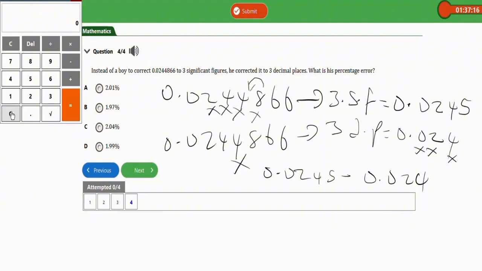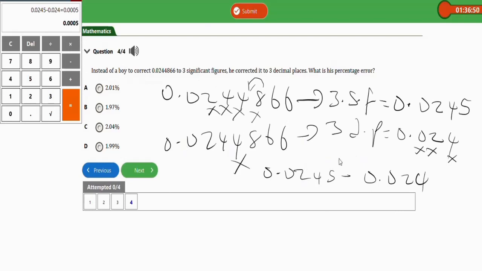So we have 0.0245 minus 0.024. So what will be the output? We have it to be 0.0005. So it will be error over actual.